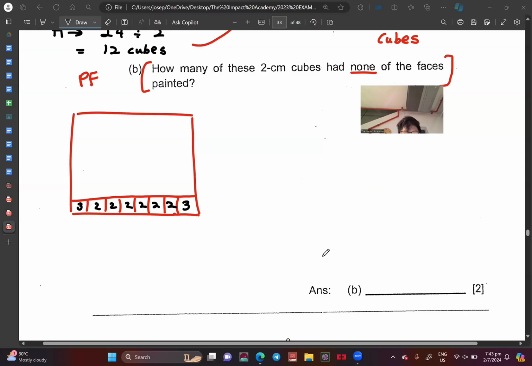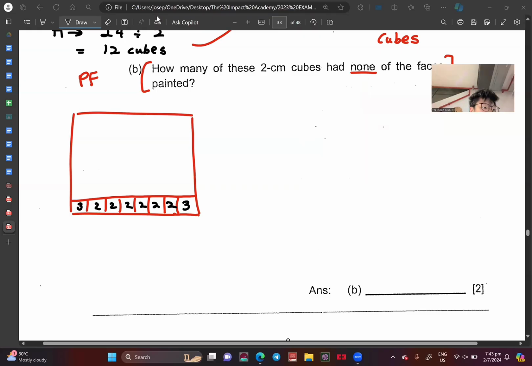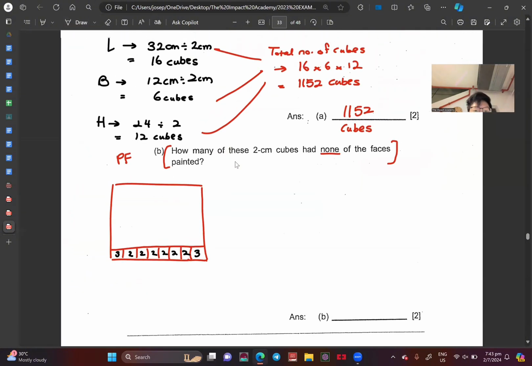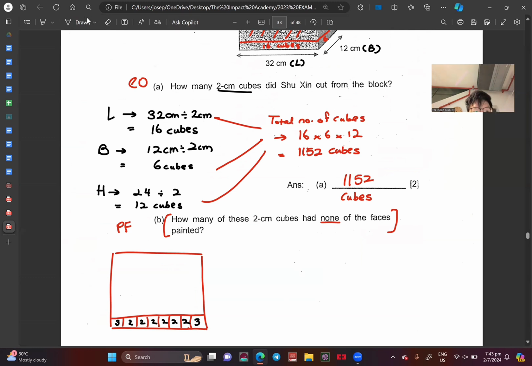So right now we are going to find out how many will have 0 faces painted. What we are going to do is very simple. We first have to ask ourselves, we are going to go one by one, one at a time. Is that okay?